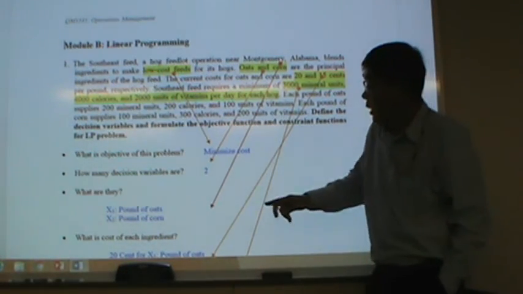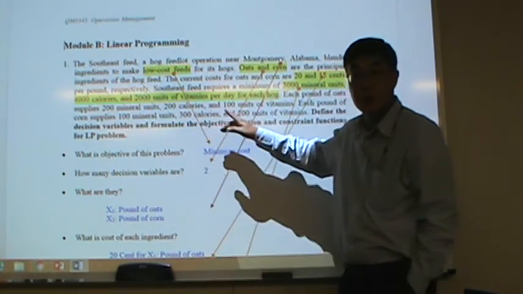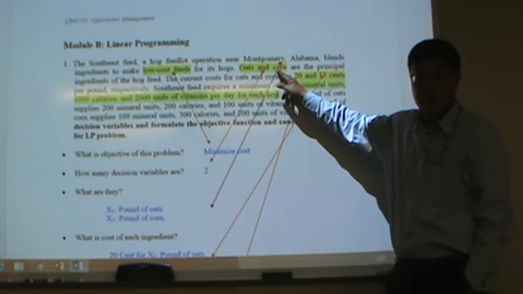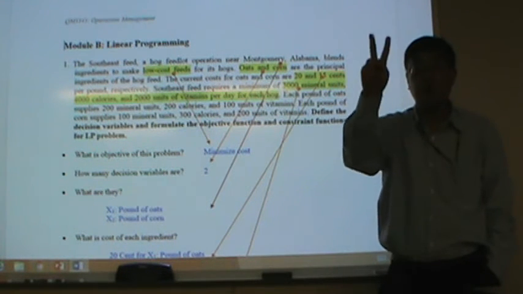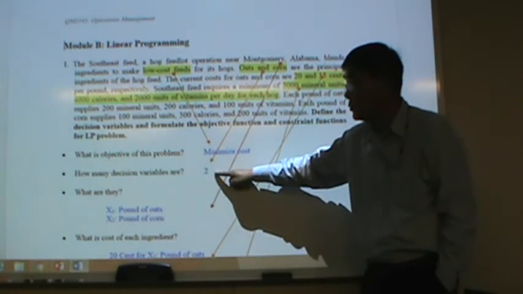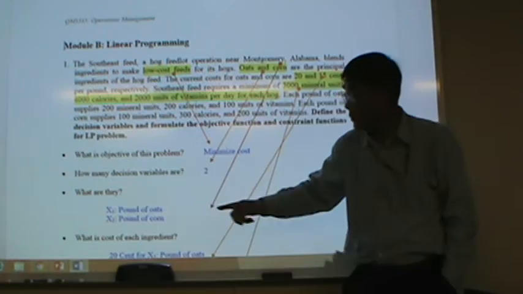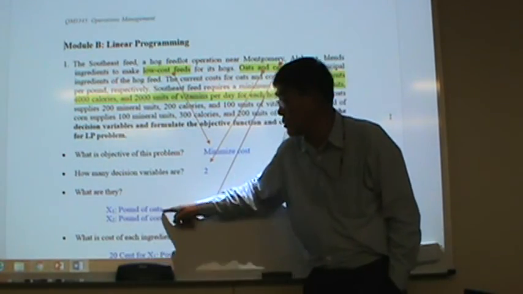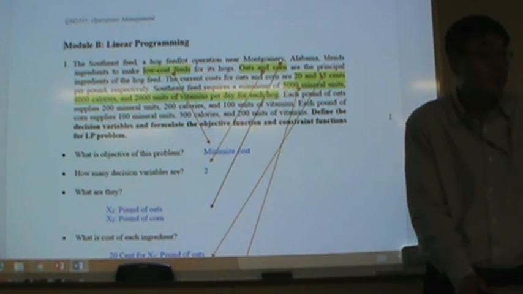So how many decision variables? Ingredients: oats and corn, right? So there are two ingredients and two decision variables, x1 and x2: pounds of oats and pounds of corn.